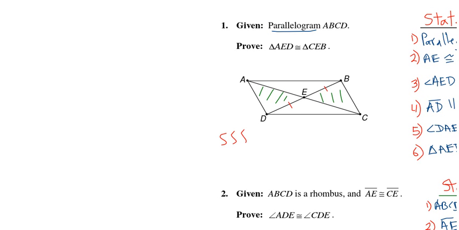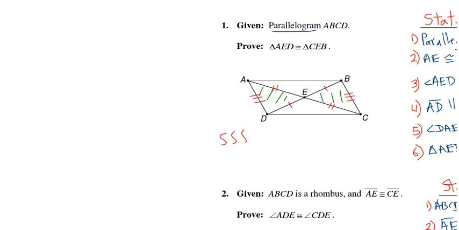The same thing would be true for AE and CE. And in addition to that, we also know that in a parallelogram, opposite sides are congruent, so that would make AD congruent to BC. And so we have side, side, side in each triangle. But that's only one of the methods that we could use.